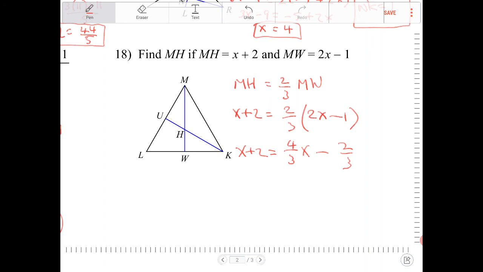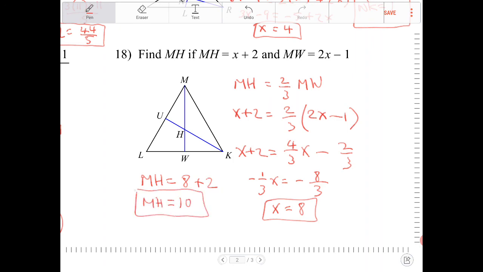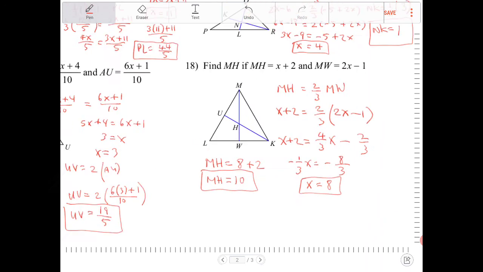I subtract both sides by 4/3 x, I end up with negative 1/3 x. Subtract both sides by 2, I end up with negative 8/3. Multiply both sides by negative 3, I end up with x is equal to 8. And because I'm finding out what MH is, it's equal to 10, because it's 8 plus 2 is 10. And I believe that's it.